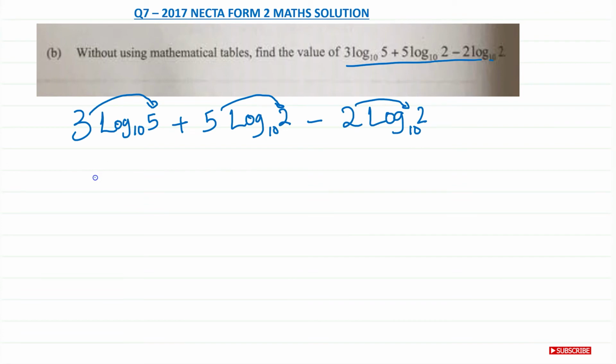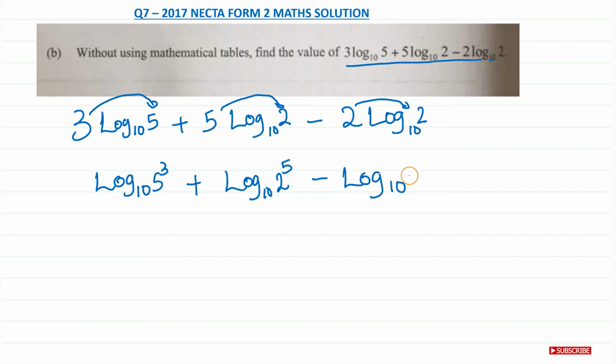So what do we have next then? We have log base 10 of 5, that is now going to be 5 cubed, plus log 2 to the power of 5, because that goes back up there, and minus log 2 squared.